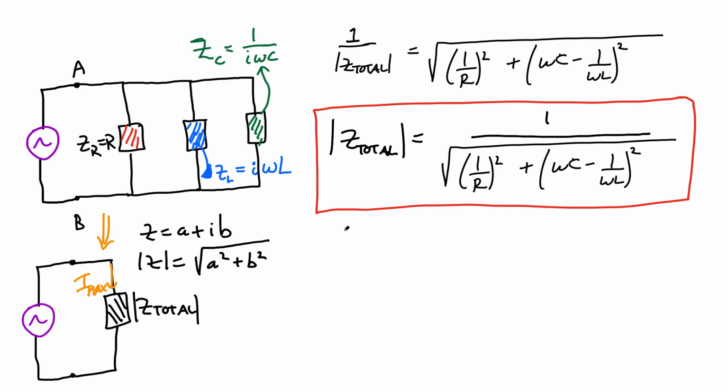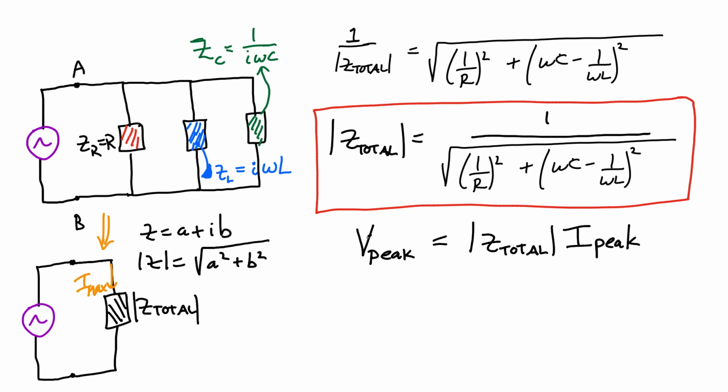Okay, and for this, it's kind of just like using Ohm's law, right? All we're doing is either you take the peak voltage or the RMS voltage. Let's talk about the peak for now. If I was going to write the peak voltage, I would write it as the magnitude of the total impedance multiplied by the peak value of the current.